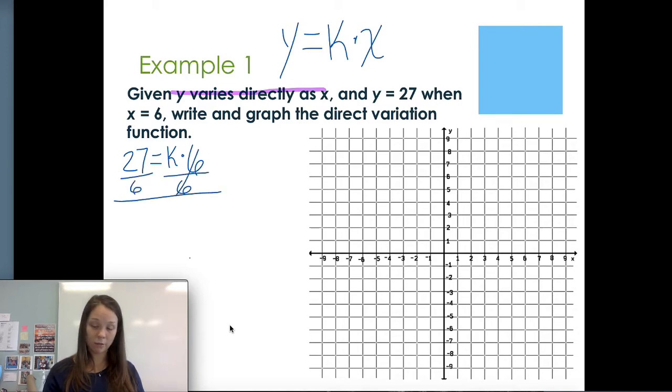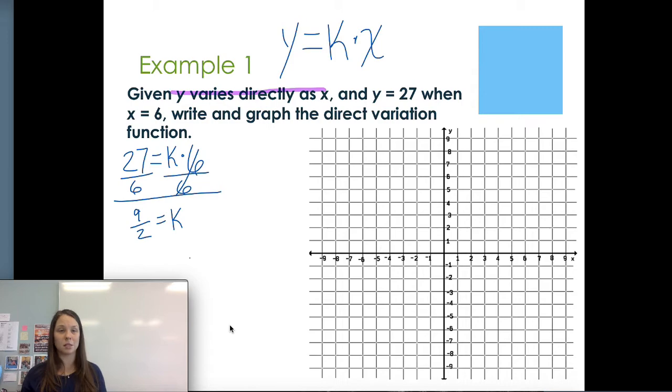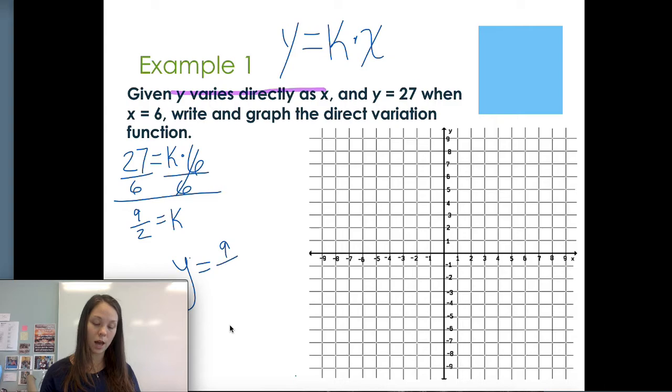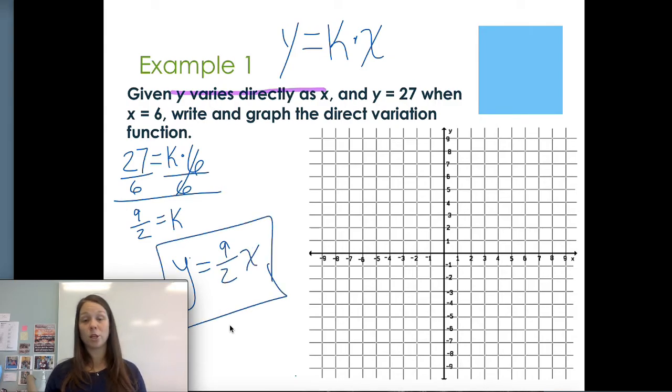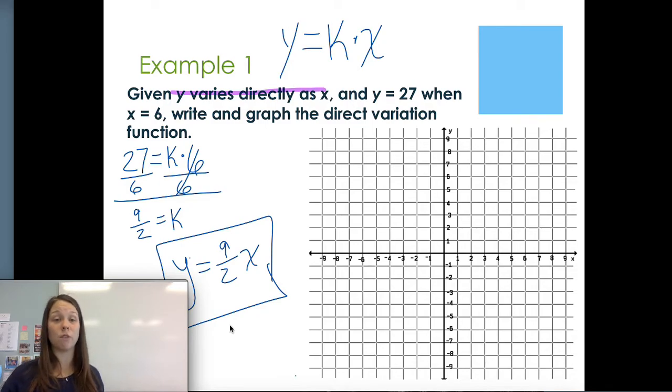If we reduce this down, 9 over 2 is equal to k. I'm going to leave this as a fraction because this is my slope, and it's much easier to graph slope when it's a fraction than when it's a decimal. So my equation in the end is y equals 9/2 x. That's my direct variation equation, or direct variation function, and now I'm going to graph that.